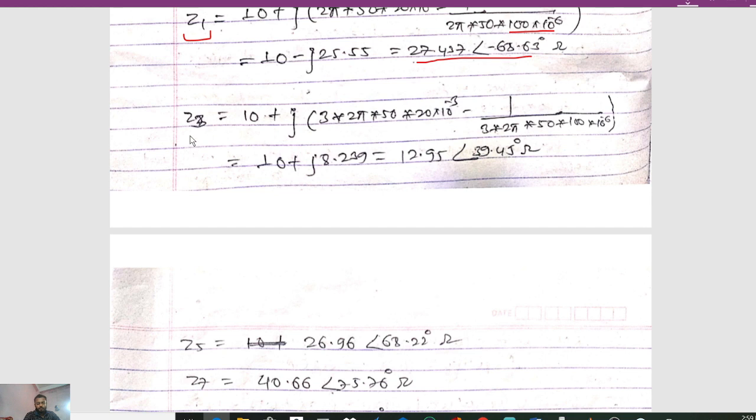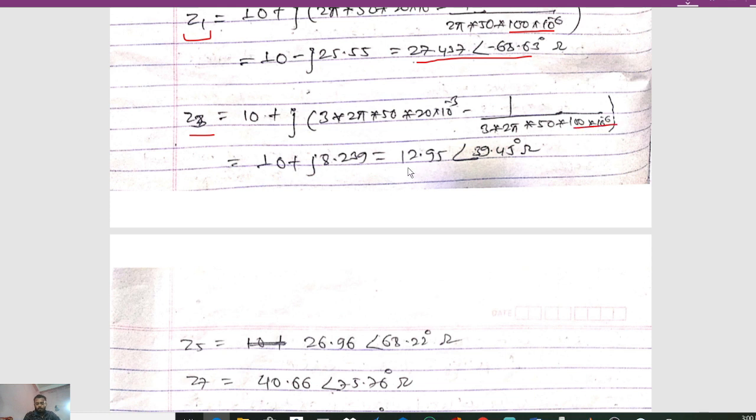Similarly for n equals 3, Z3 will be 10 plus j times 3 into 2πfL, where L is 20 millihenry, minus 1 upon 3 into 2πfC, where C is 100 into 10 to the power minus 6, that is 100 microfarad.